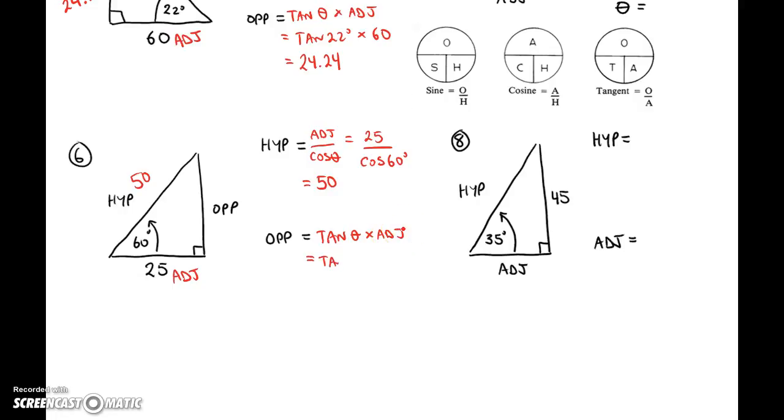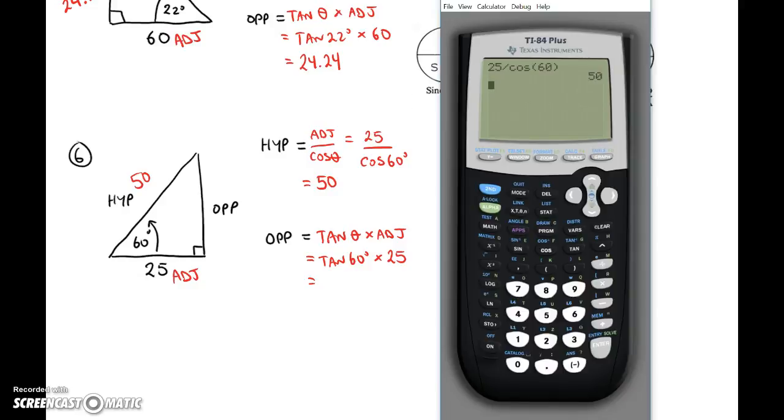Our angle is 60 degrees. We're going to multiply that by our given value of 25. So tan of 60 times 25 gives us 43.3.